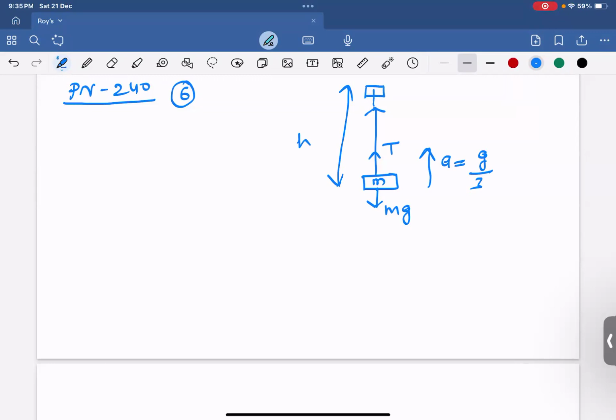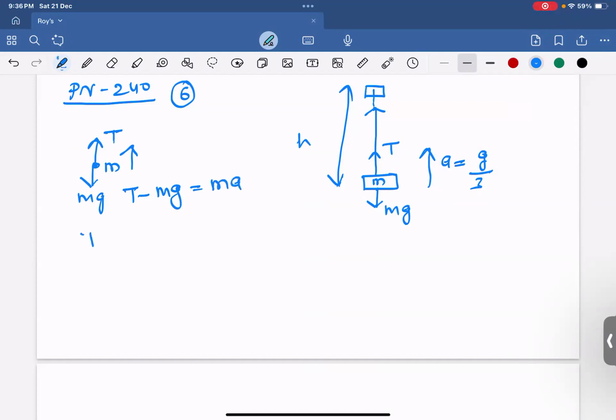So work done by tension. First, we need to find what is the tension. As you can see, for the body of mass m, upside force is T, downside force is mg, and the body is going upside. So T must be greater than mg. Net force will be T minus mg equals mass into acceleration.